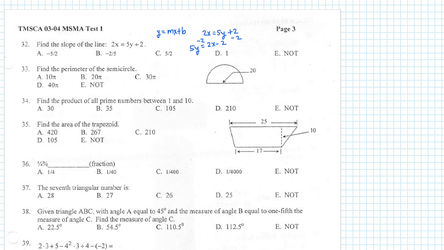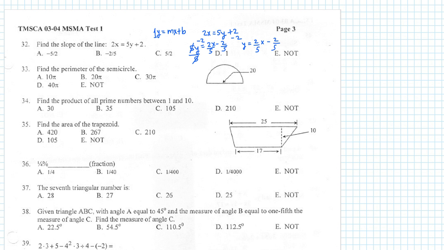Because I want the coefficient of y as 1, I will divide both sides of this equation by 5. So when I do that, what I get is y is equal to 2/5 x minus 2 by 5.